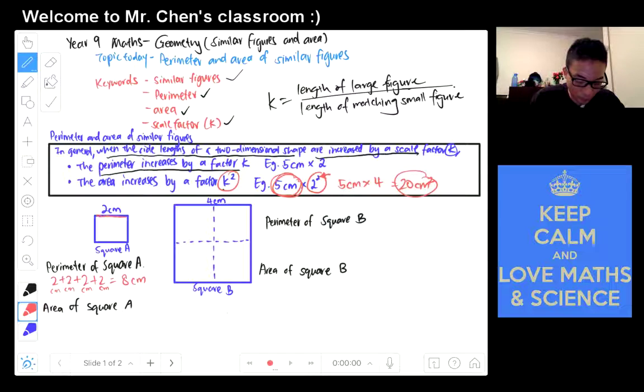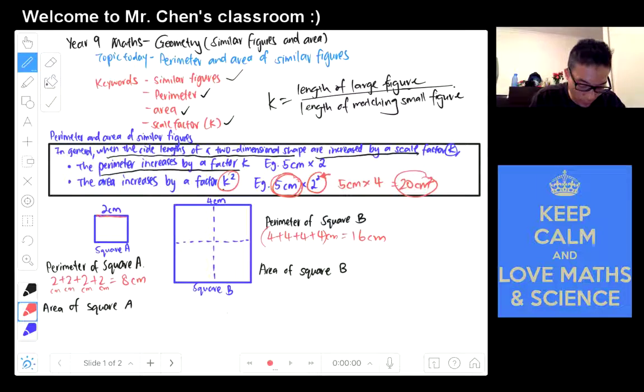And for the perimeter of square B, it is 4 plus 4 plus 4 plus 4 centimeters, which will give you 16 centimeters. Okay, and the area of square A, we know area is length times width.